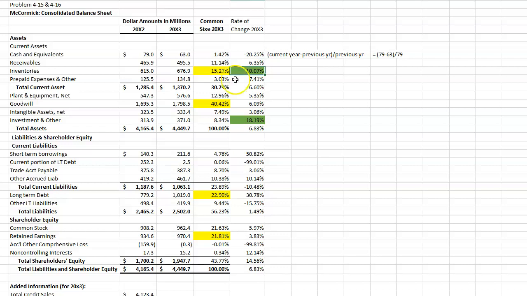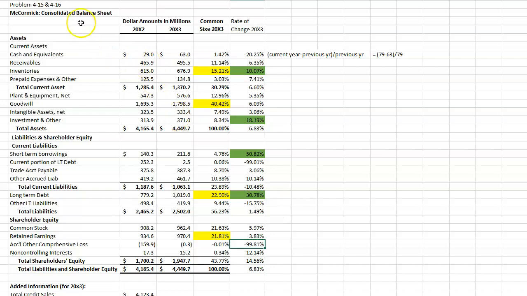The biggest growth in liabilities would have been the short-term borrowings and long-term debt. The current portion of long-term debt shrank by a lot, as did the accumulated other comprehensive income. And that was what number 15 asked you.